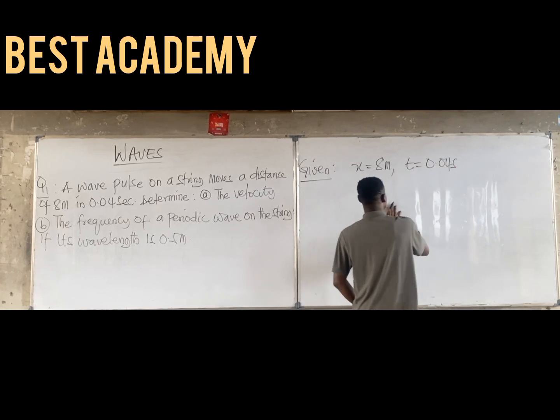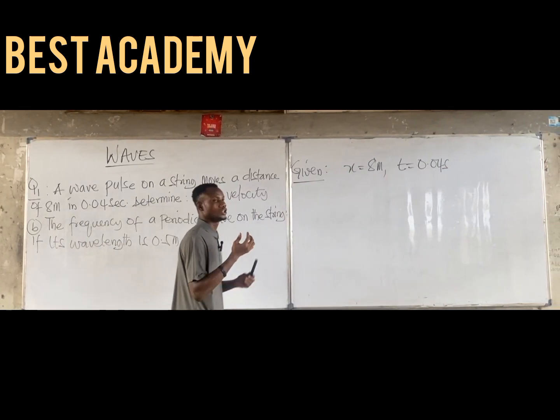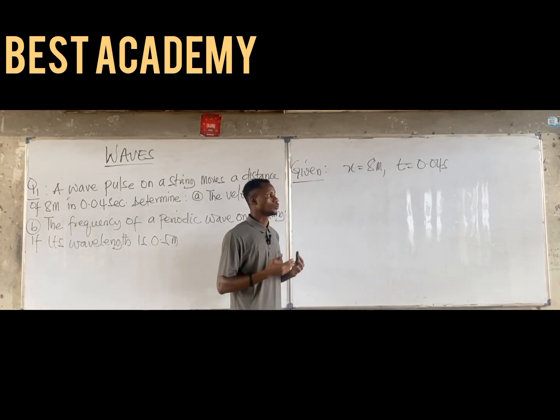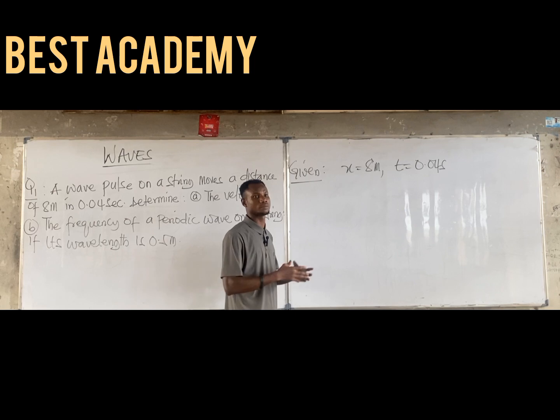The time given to us here is 0.04 seconds. Okay, now they say determine the velocity. Remember that we have two formulas for expressing velocity in terms of wave. In a normal velocity formula, that is displacement over time.